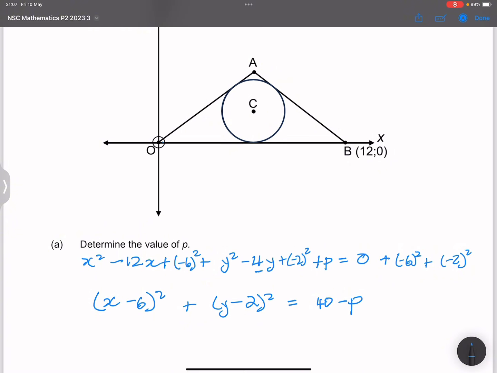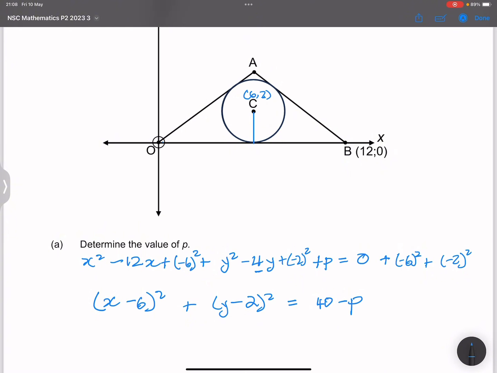So we now need to find out how we are going to get p from that. We know the center of our circle is going to be (6, 2). If I draw that center there, you can see that our radius, or rather that y value, would be equal to 2.